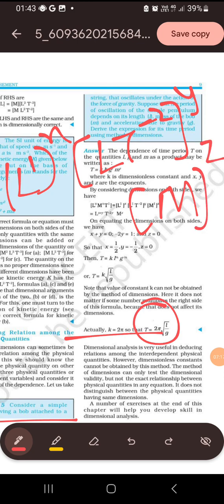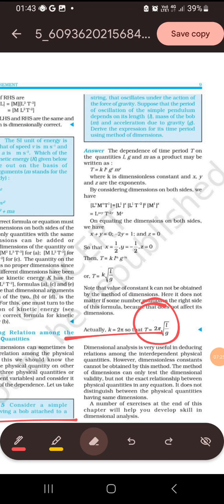So equate this on the left side. On equating the dimensions on both the sides, you have to mention the values.